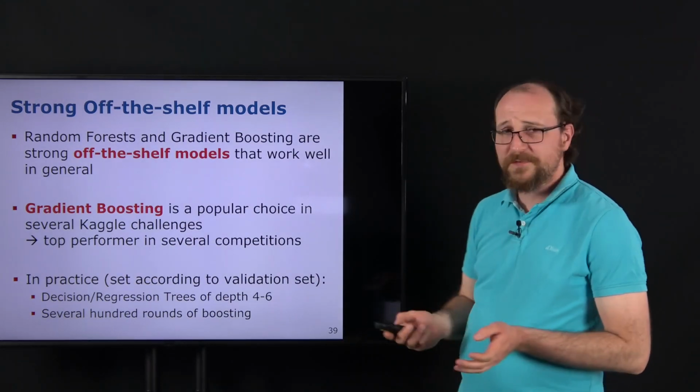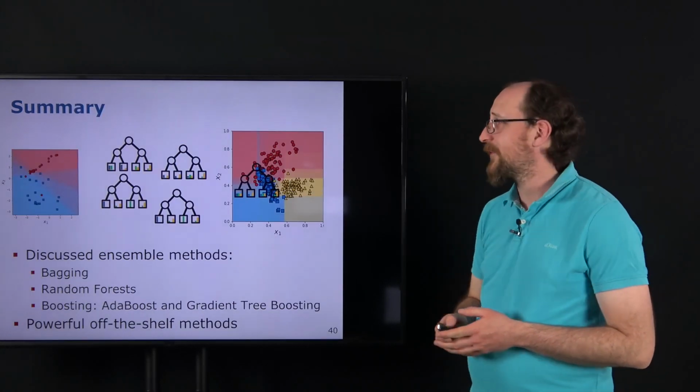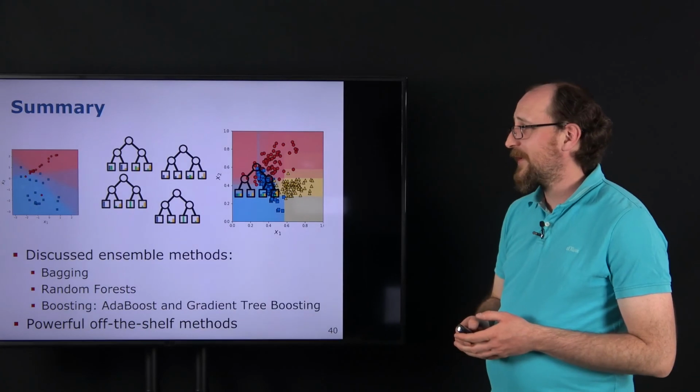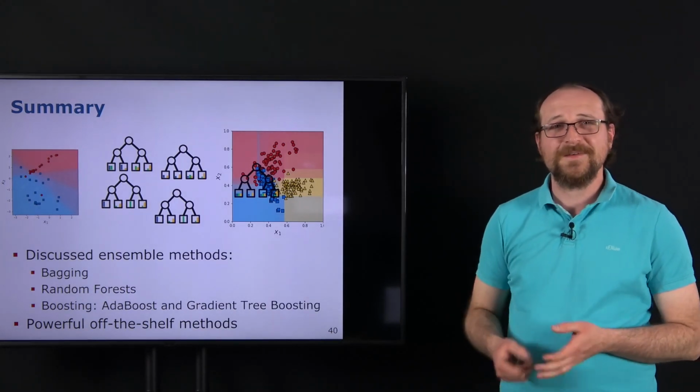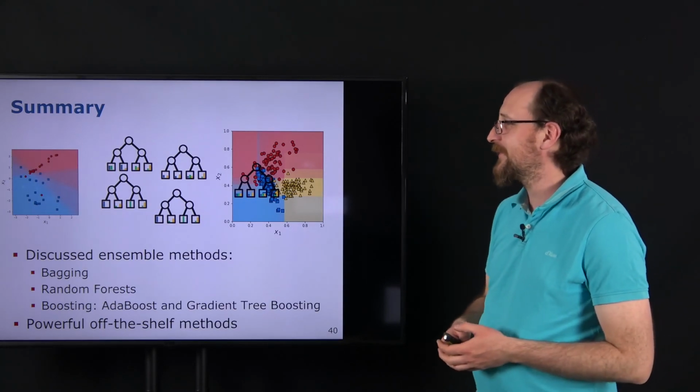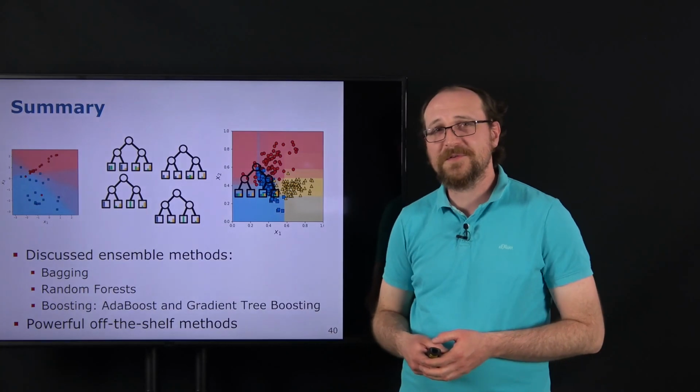And with this, we are coming to an end. So in a short summary, we discussed today some ensemble models, and I hopefully convinced you that it's a good idea to use such ensemble models in the end. And the very simple thing that we discussed in the beginning was bagging.